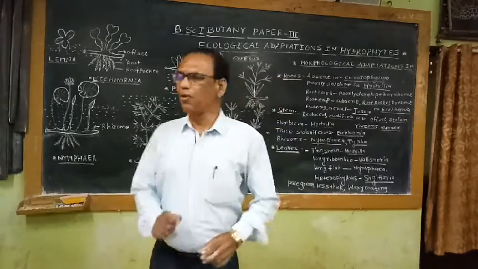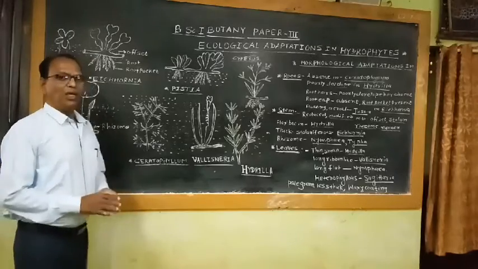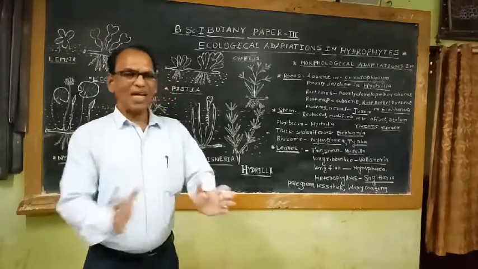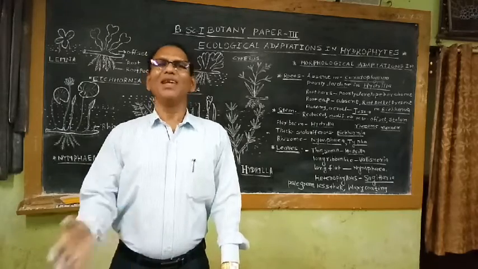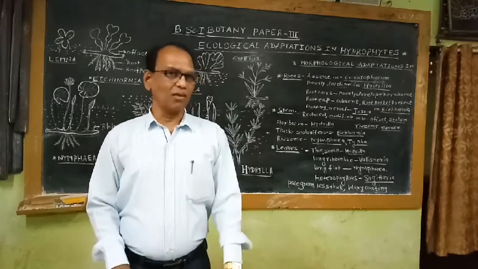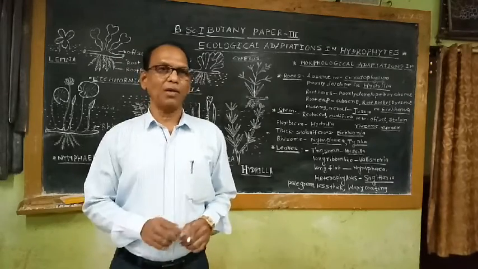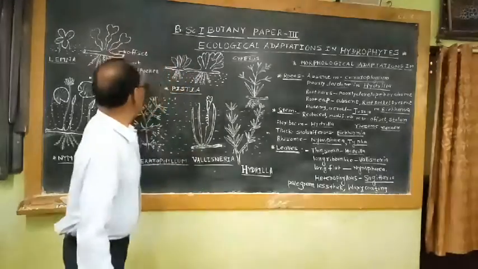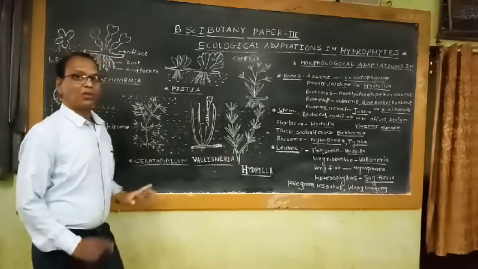For example, if we take the example of Eichhornia, if we observe a few plants of Eichhornia in a water body like a lake or pond, in the next year hundreds of plants are developed from a single plant. This happens because of the modified offset type of stem.